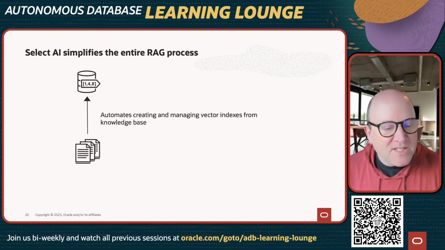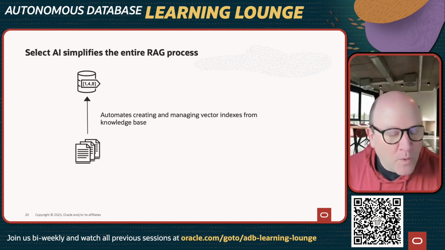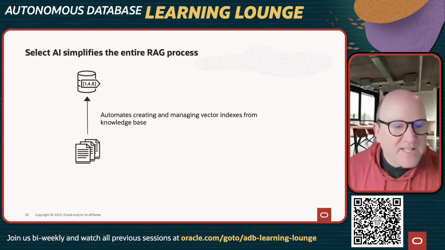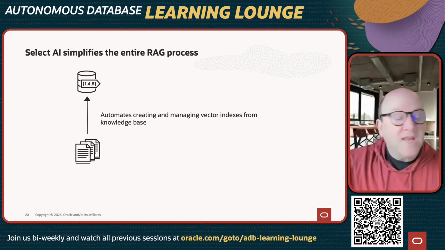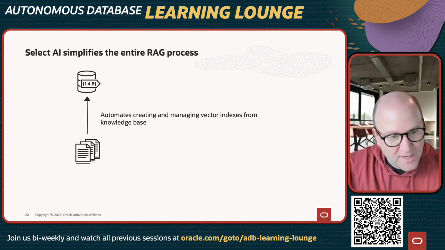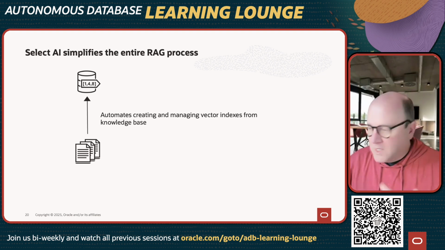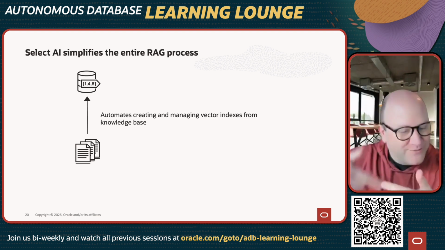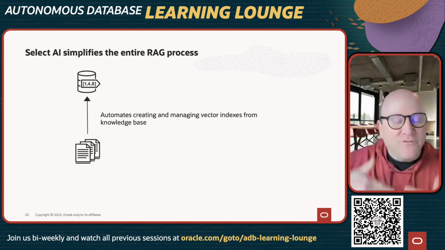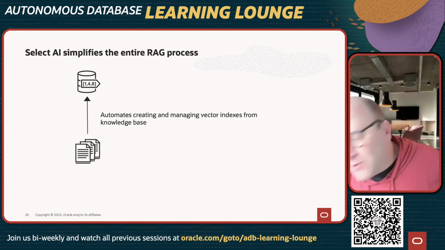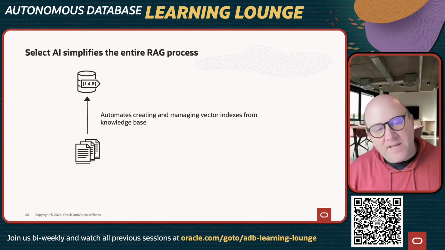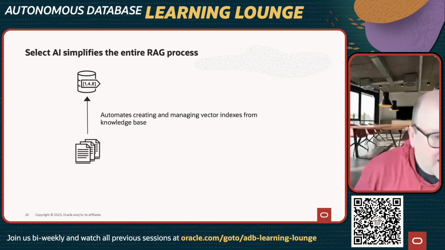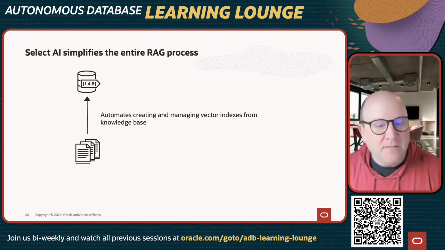So if I have my support site, you create a pipeline with a single API call that's going to, one, create your tables containing the vector indexes, and two, populate those vector indexes from those sources. And as you add new documents to that knowledge base, that pipeline is going to kick in again, and it's going to update the vector index, right? So that vector index is always going to be up to date.